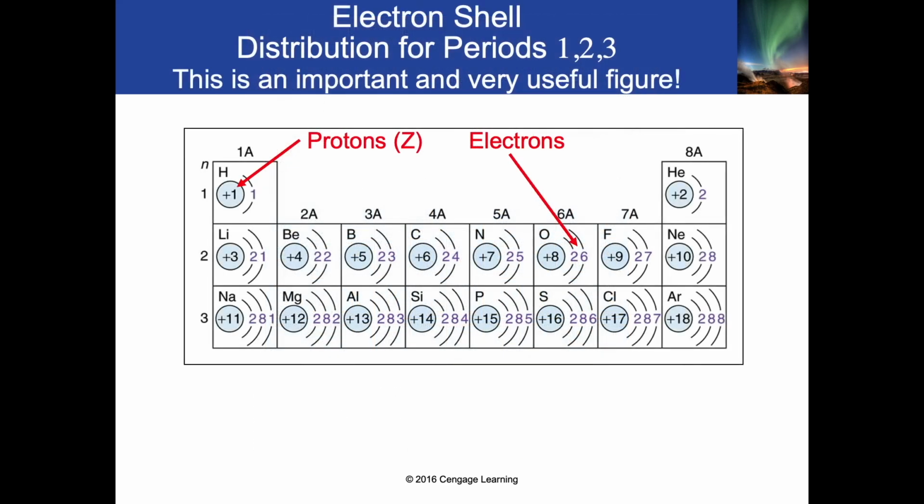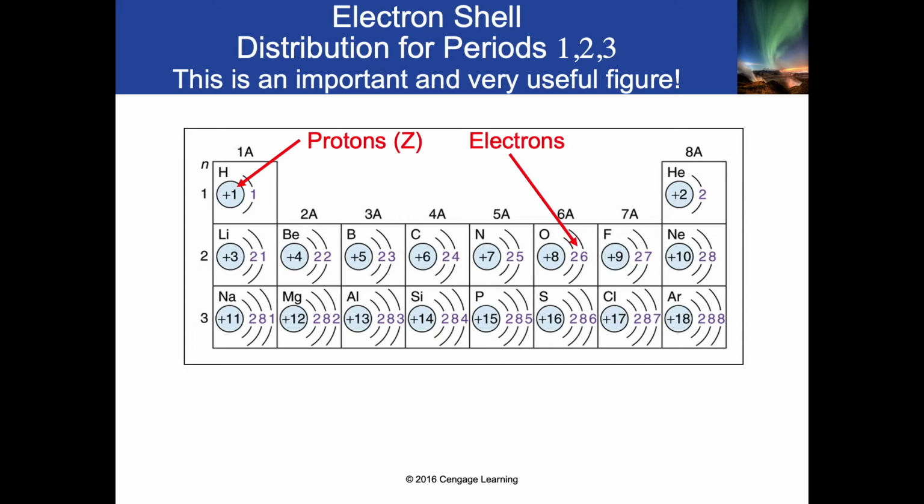So this is a very useful figure right here. If you remember back from before our exam, I was talking about how elements all want to have a full outer shell, right? On this side, these rows, the period numbers show the number of shells there are.